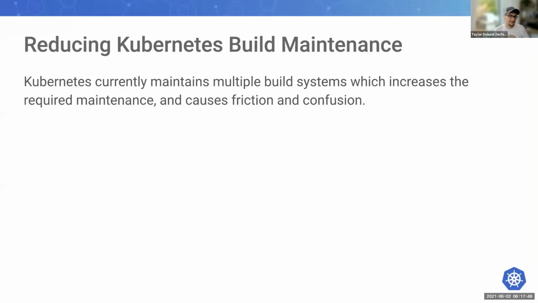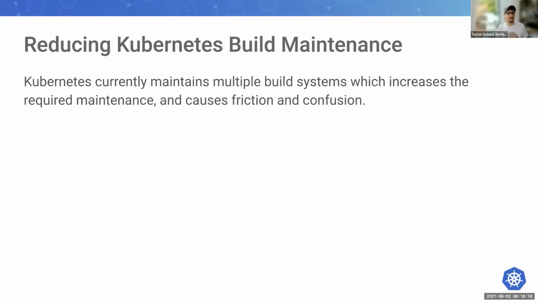This is a feature that I'm very excited about and something that I've seen take shape in the SIG release space, and that's reducing Kubernetes build maintenance. Previously, Kubernetes had maintained several build systems. That was Bazel, that was Bash, that was some scripts over here, some scripts over there, and it did become very difficult and a big source of friction and complexity for new and current contributors.